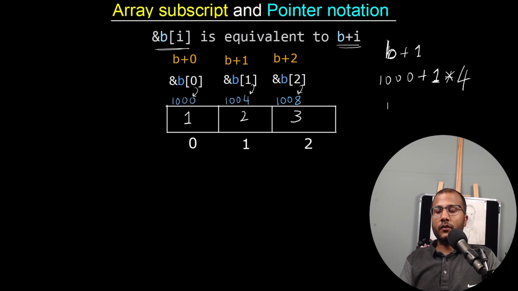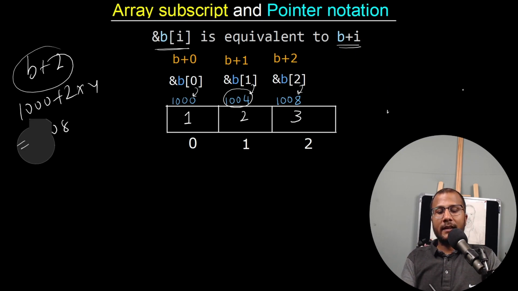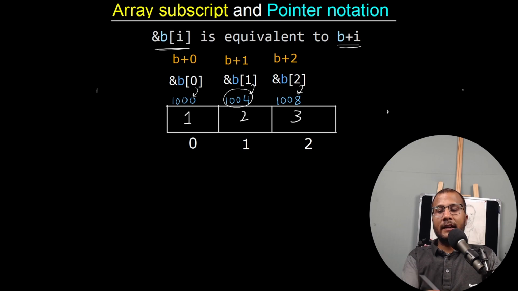So 1000 plus 4 is 1004. So &b[1] is b plus 1. You can still try: what is b plus 2? b plus 2 is actually 1000 plus 2 times 4, which is nothing but 1008. So b plus 2 is 1008, which is equivalent to &b[2]. So in general, what we can say is very simple: &b[i] is equal to b plus i.